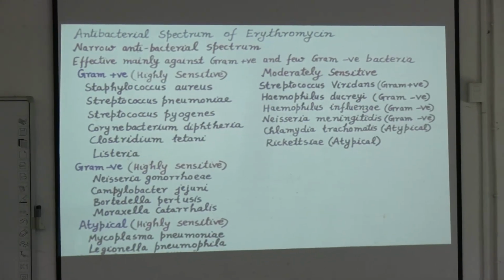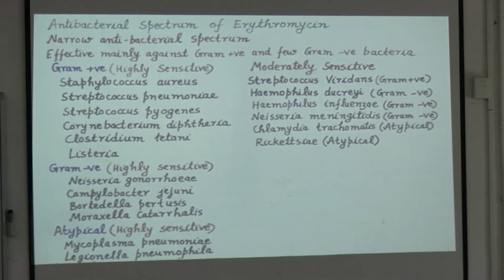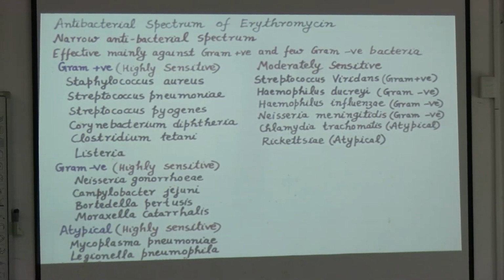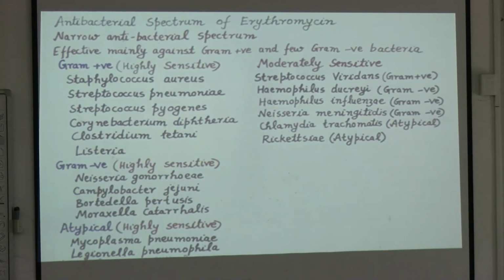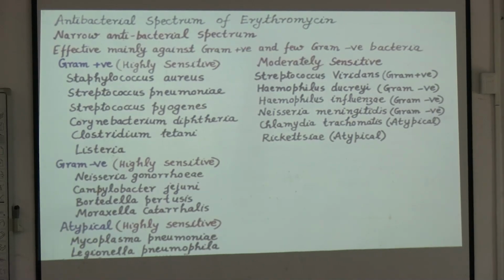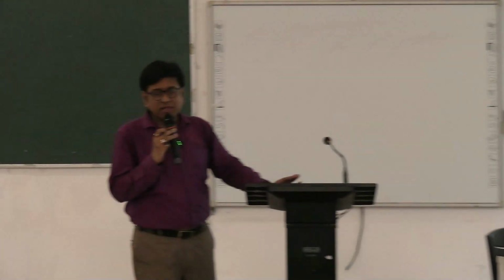Erythromycin can act against them, like Staphylococcus, Streptococcus, Corynebacterium, Clostridia and Listeria. These are all important gram positive bacteria that cause various infections. And what infections? These gram positive bacteria mainly cause respiratory tract infections, both upper and lower, but more commonly upper, and skin and soft tissue infections.